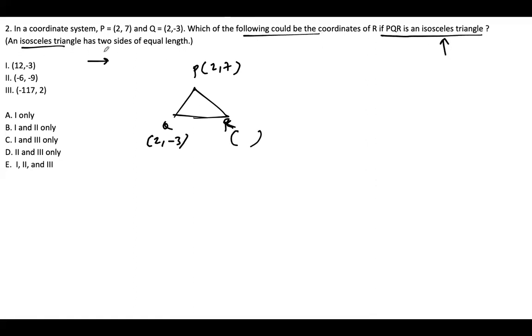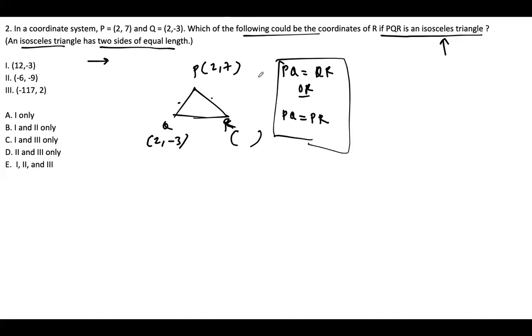An isosceles triangle has two sides of equal length. But we do not know which sides are equal. If it's an isosceles triangle, then PQ can be equal to QR or PQ can be equal to PR. By the way, what is the value of PQ?